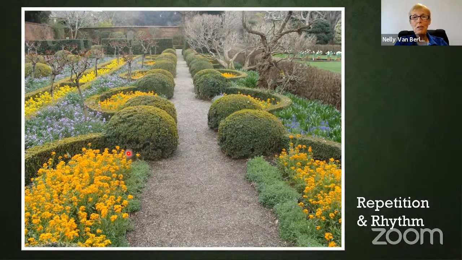So just by repeating everything, it builds up a rhythm that your eye naturally follows as you're going down this long pathway. It's just so natural to see mound, mound, bed, mound, mound, bed, mound, mound, bed. So it's just, well, you heard the rhythm there just in me saying it. So that's what that means.